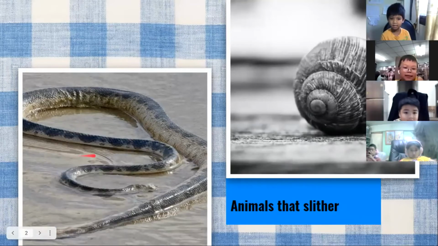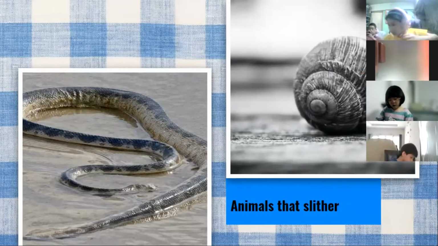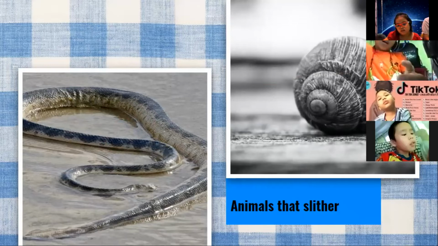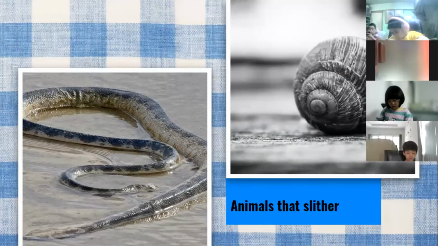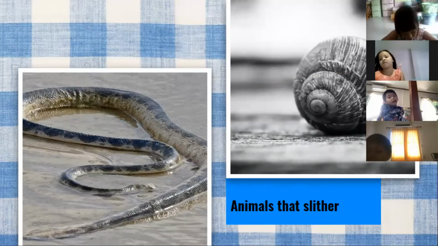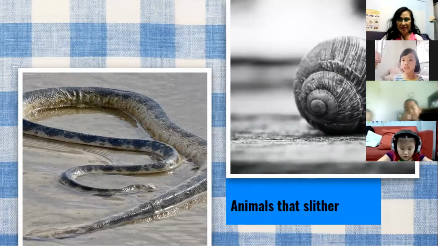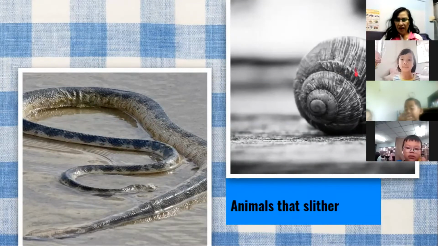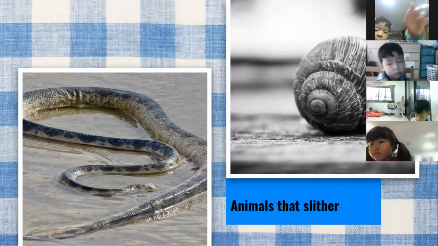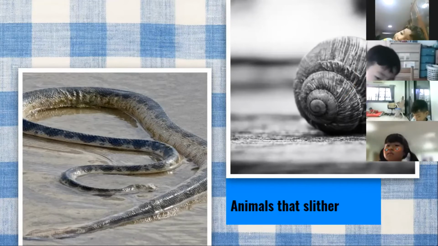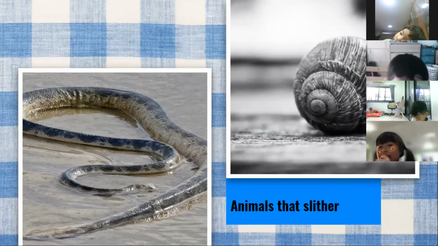This one is a snake and this one is a snail. Very good. Now, their movement is they slither. Everybody say slither. One more time. Slither. This kind of animals, they just slither. It seems like they slide.